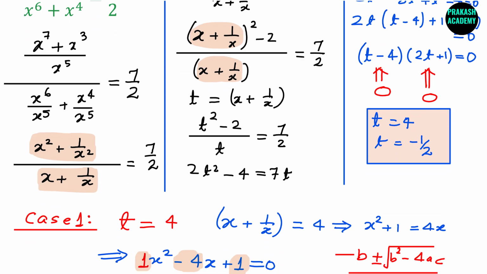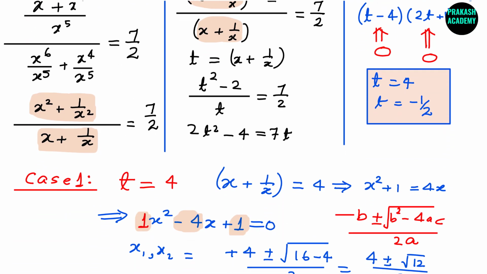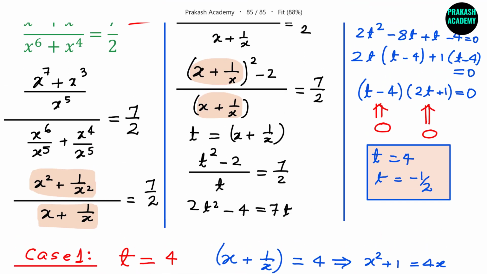If x cannot be negative, then t is what? t is x plus 1 by x. If you remember this expression, t is equal to x plus 1 by x. If x cannot be negative, then t cannot be negative, because this is x plus 1 by x. So t has to be greater than 0.